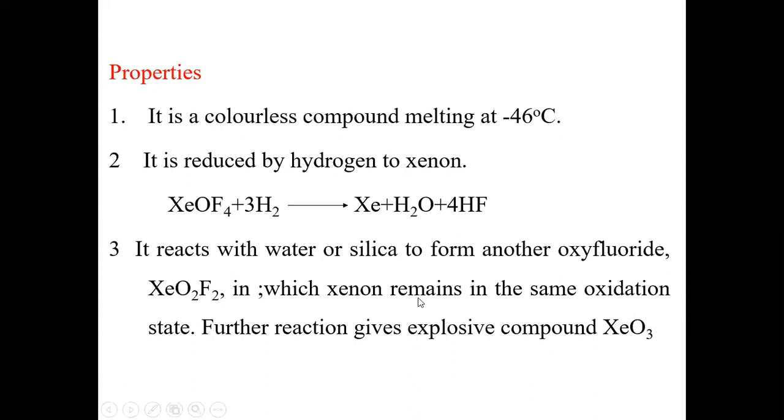Reaction with hydrogen is reduction. Xenon oxytetrafluoride on reaction with hydrogen gives xenon. The oxygen and H2 will form H2O, and the fluorine and hydrogen will form HF, the byproducts.